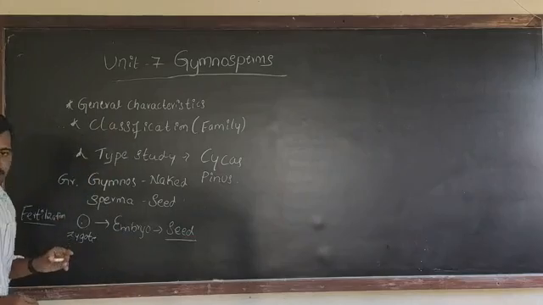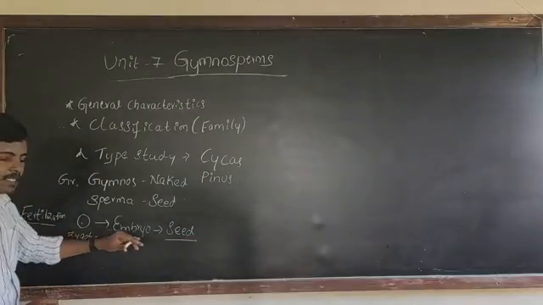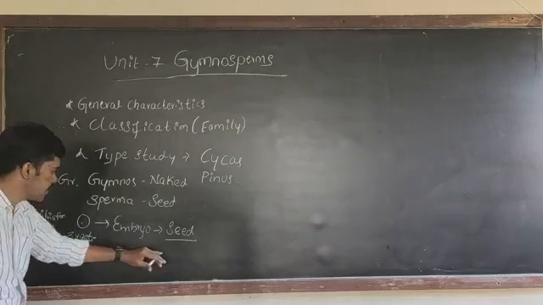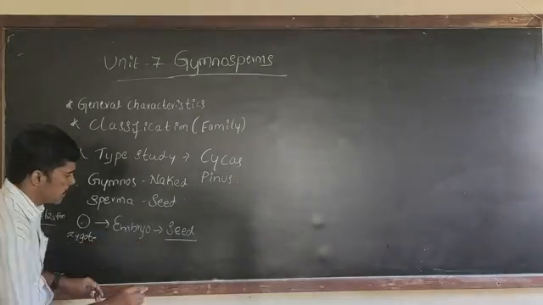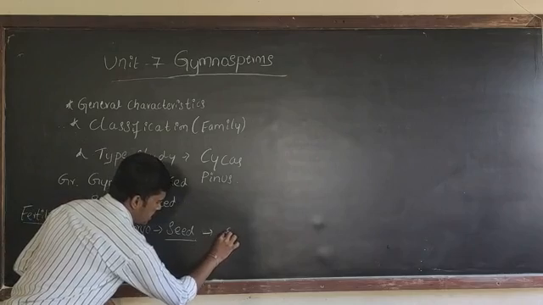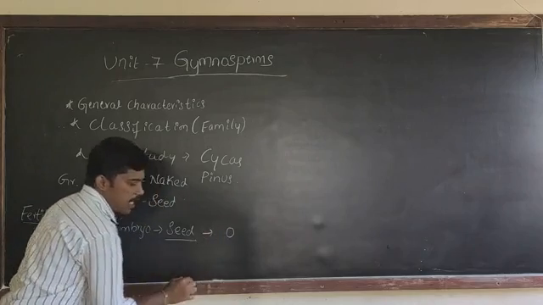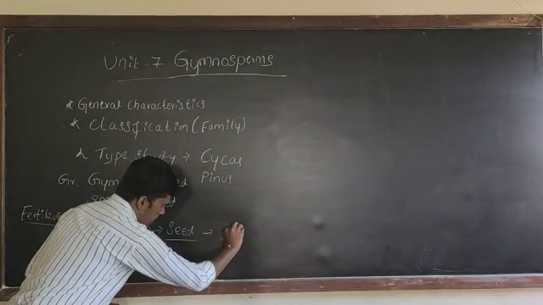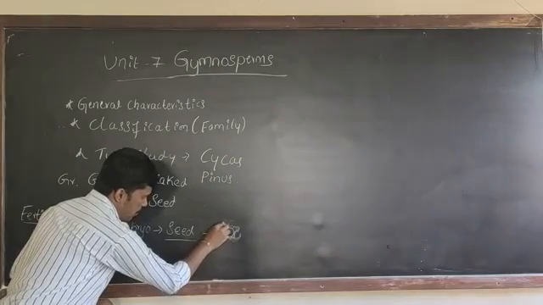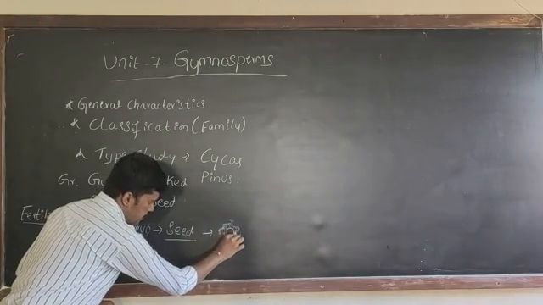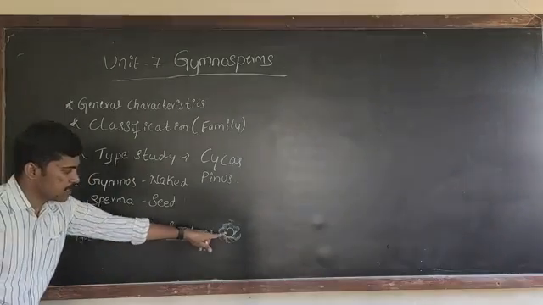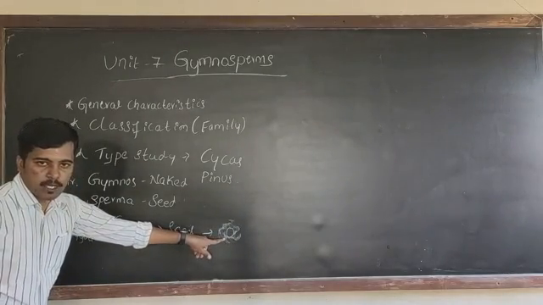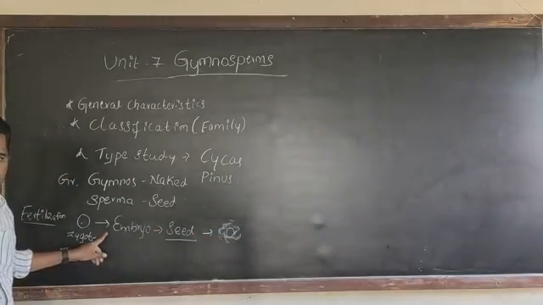In case of angiosperms, around the seed, the ovary wall will be developed, or fruit will be developed. Around the seed, fruit will be developed in case of angiosperms.